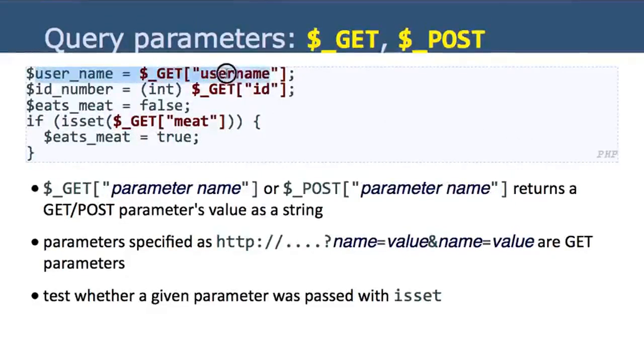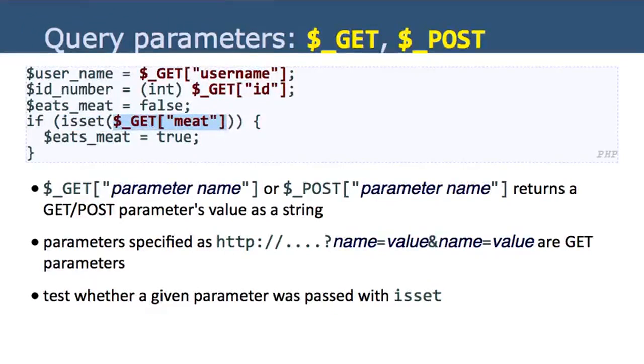So username equals $_GET username, ID number equals $_GET id. We're casting that to an int just to make sure that it is an int value. eatsMeat equals false. If isset($_GET['meat']), so I'm checking in this step. I'm using the isset function to check whether this value exists.